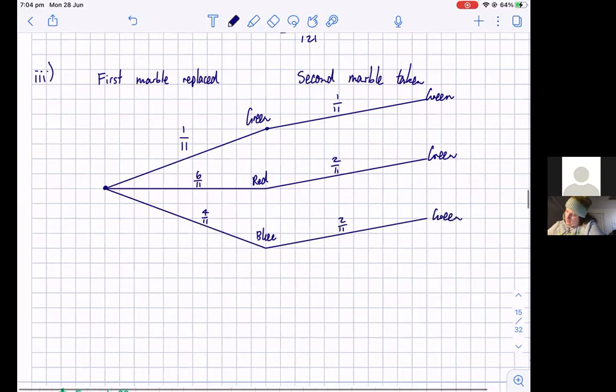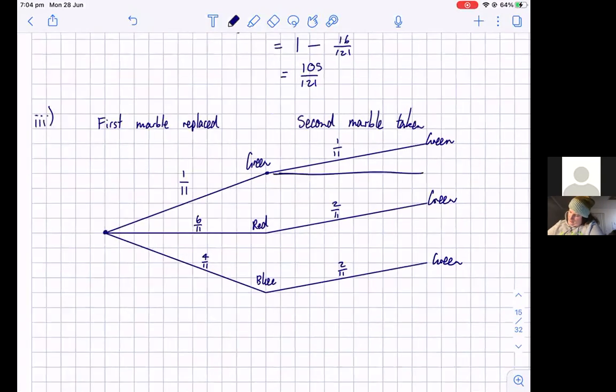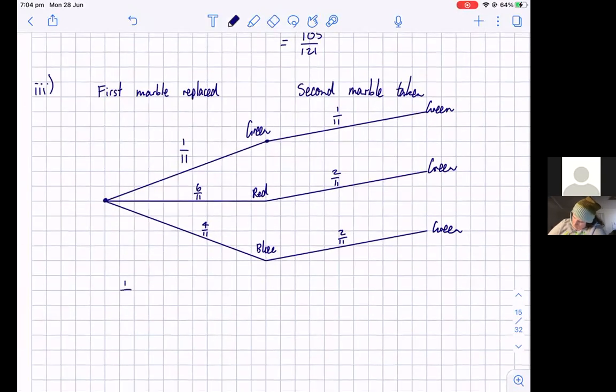I don't have to consider the other branches, like these ones. I just have to consider this. So we've got 1/11 times 1/11 for the green being the first one, so there's green as the second. We've got 6/11 times 2/11 for a red being replaced. And we've got 4/11 times 2/11 for a blue being replaced.